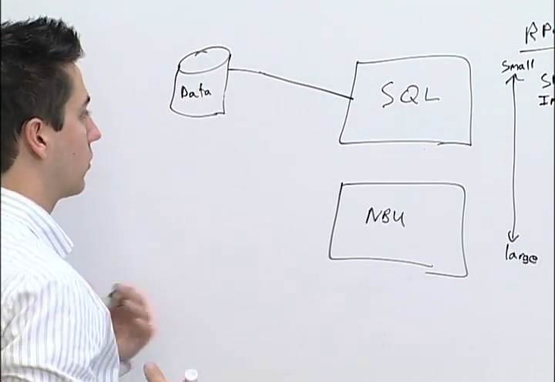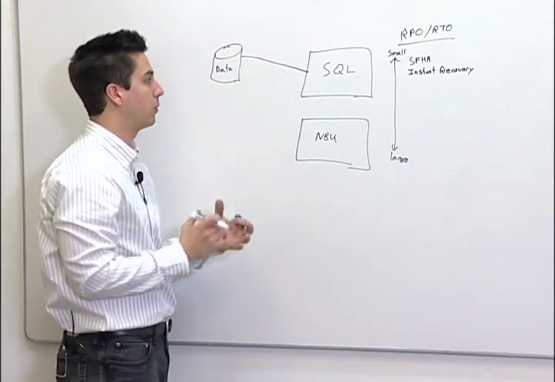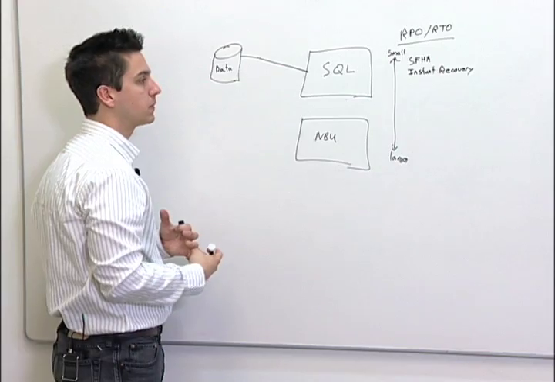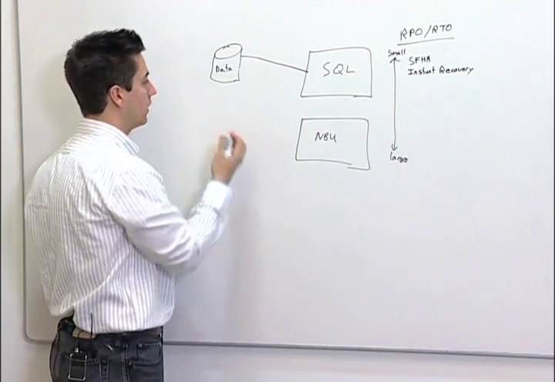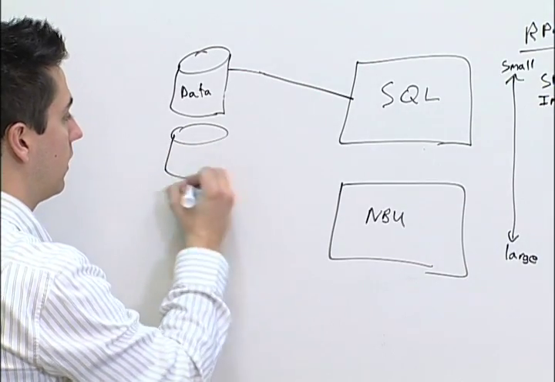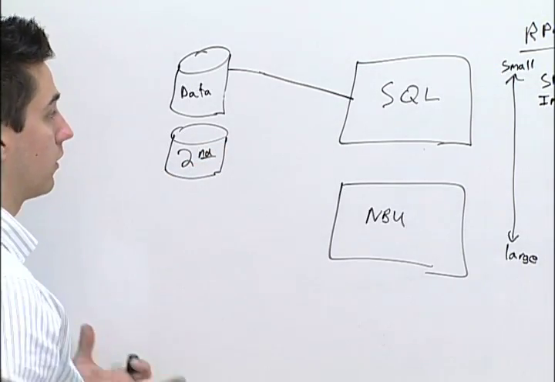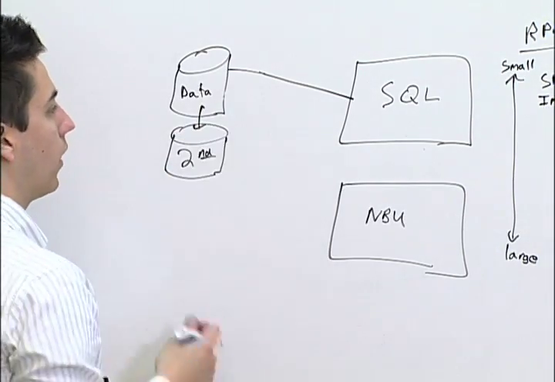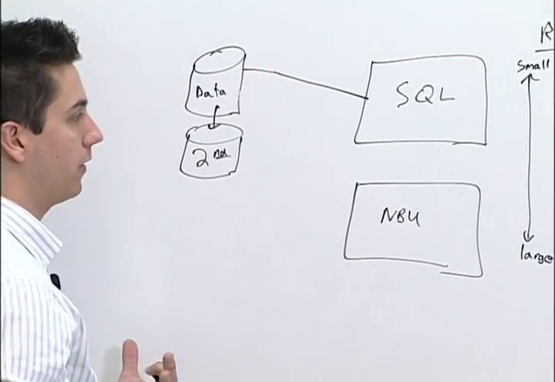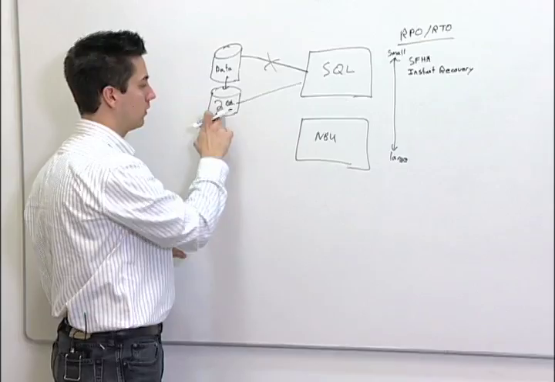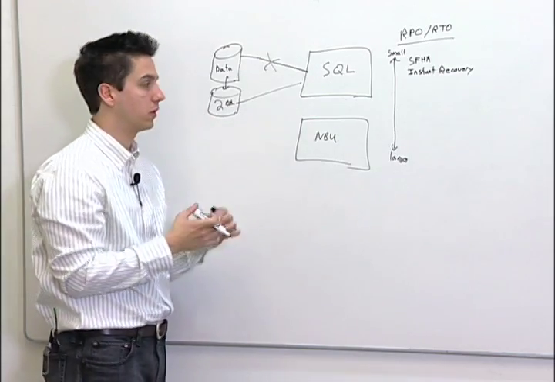It could be an actual hardware array that has snapshot capability, but it is something that can be snapshotted. So what instant recovery does is it takes a snapshot of that data so that you have a second, third, or an additional copy, and then when that primary data may fail, what you can do is just revert to that second copy that you took.